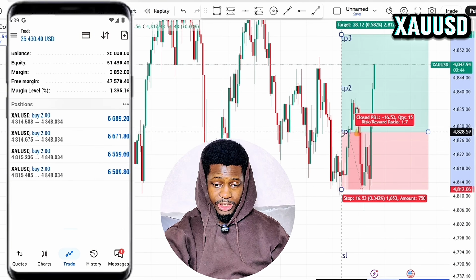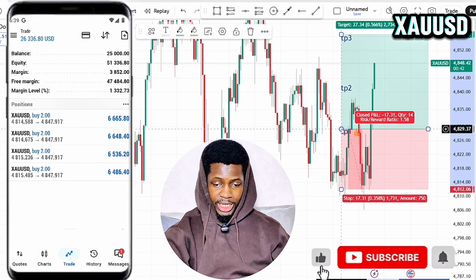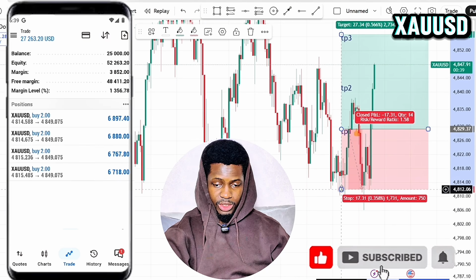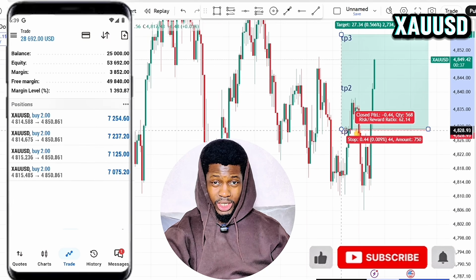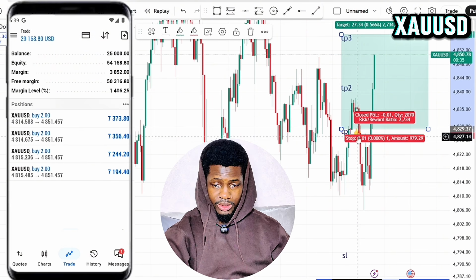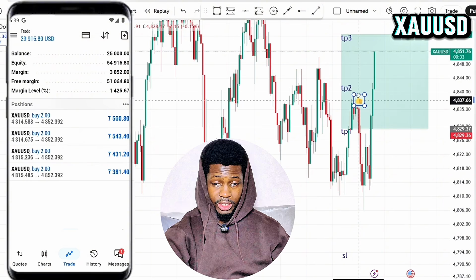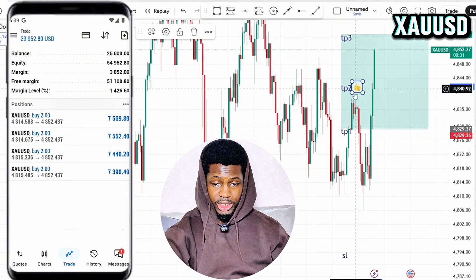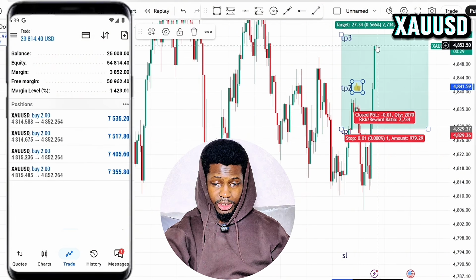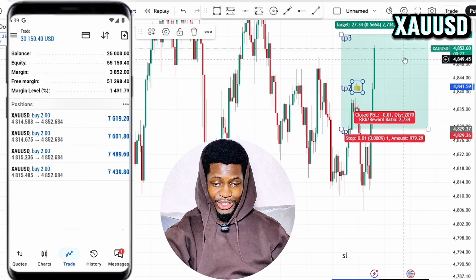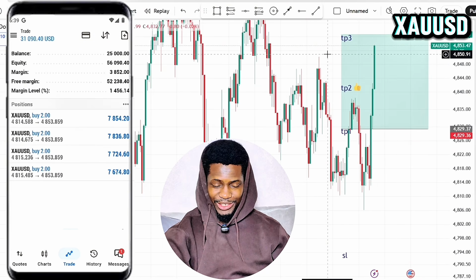Now, this is heading towards our TP3. I just want to quickly adjust my SL first. I just want to lock in my profit very quickly, just in case, guys. You never know. Should I lock this stuff? Is there even any need, because it's heading towards our TP3?